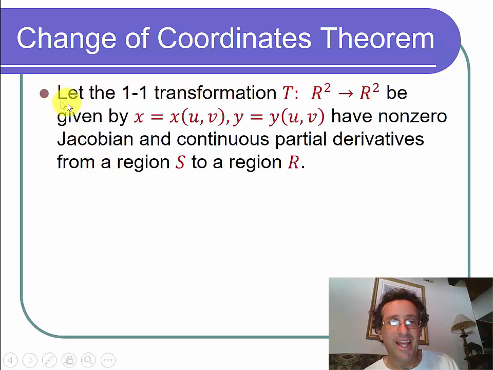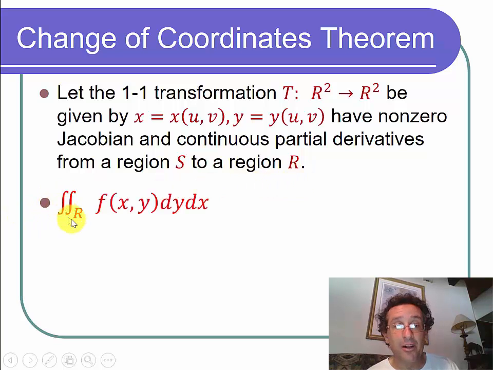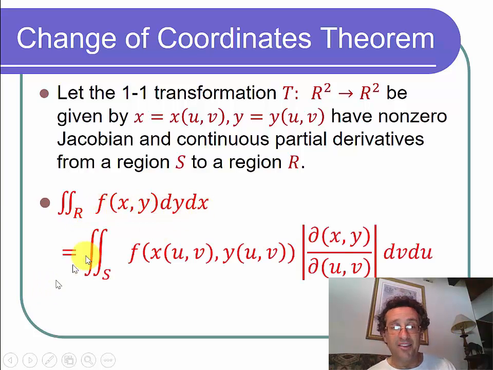It says, let the one-to-one transformation T from R2 to R2 be given by x equals x of uv, y equals y of uv, have non-zero Jacobian and continuous partial derivatives from a region S to a region R. Then the double integral over the region R of f of xy dy dx is equal to the double integral over the region S of f of x of uv, y of uv, times the Jacobian del xy over del uv in absolute value, dv du.